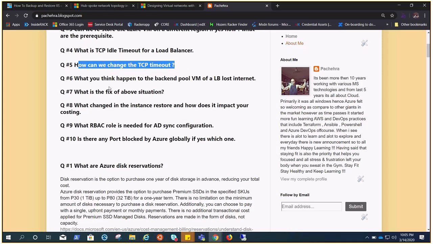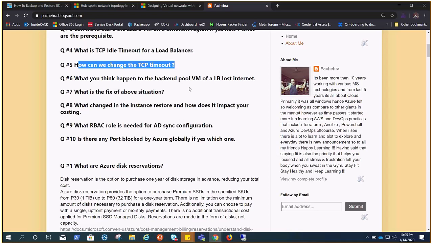What do you think happened to the backend pool VM of a load balancer lost the internet? Well, this is a tricky question. If you know what I mean. The interviewer says load balancer. He did not specify internal and standard load balancer. So while you're replying to this question, you need to be more precise and focus on the words that would help the interviewer know you know what you're talking about.